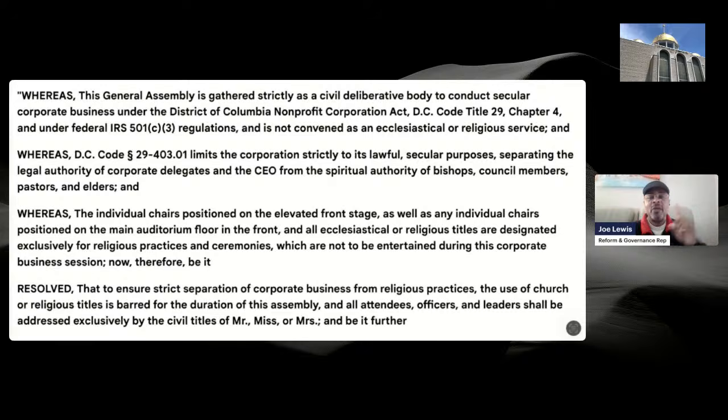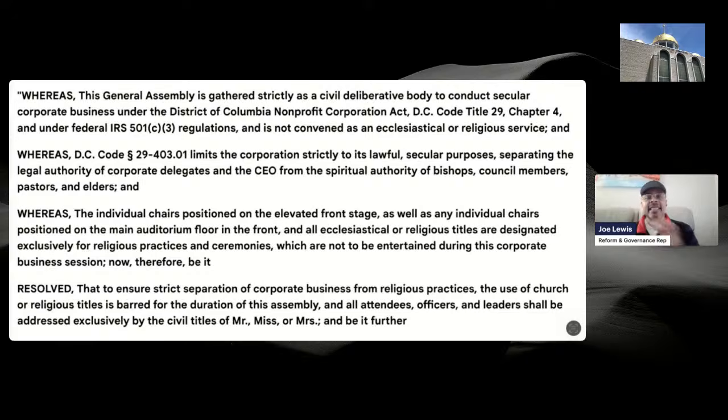And whereas the individual chairs positioned on the elevated front stage, as well as any individual chairs positioned on the main auditorium floor in the front, and all ecclesiastical or religious titles are designated exclusively for religious practices and ceremonies, which are not to be entertained during this corporate business session.